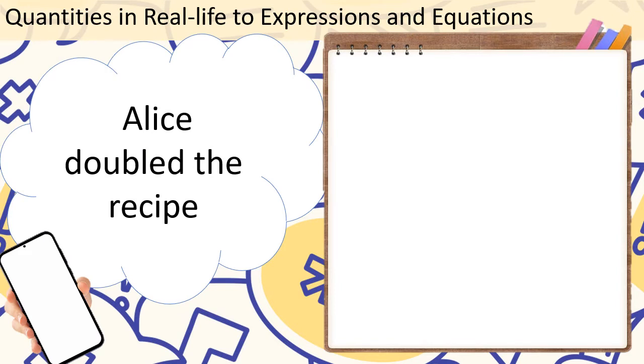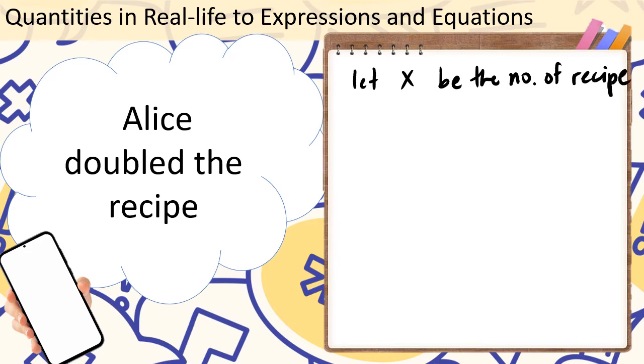Next, Alice doubled the recipe. Alam ba natin kung ano yung recipe? Hindi. So, let's use variable to represent that. Let, anong variable? Sige, x pa din. X be the number of recipe. Okay. Now, x yung number ng recipe.